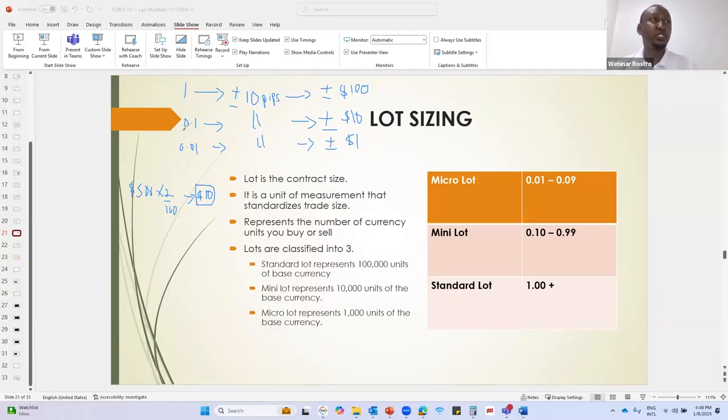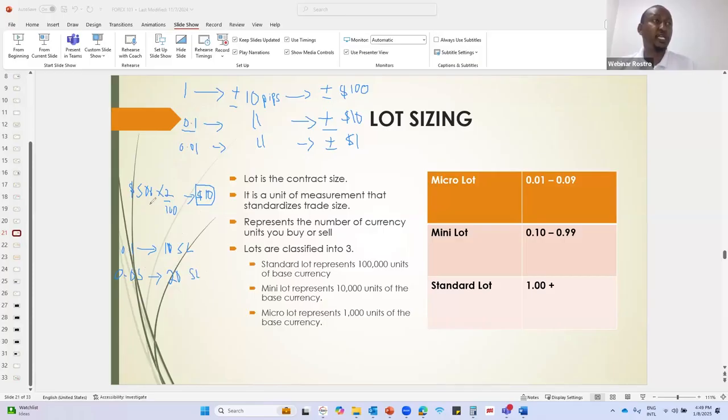If I'm going to use a mini lot size of 0.1, then I need a stop loss of 10 pips. If I use a 0.05 lot size, then I need a 20 pips SL, stop loss.